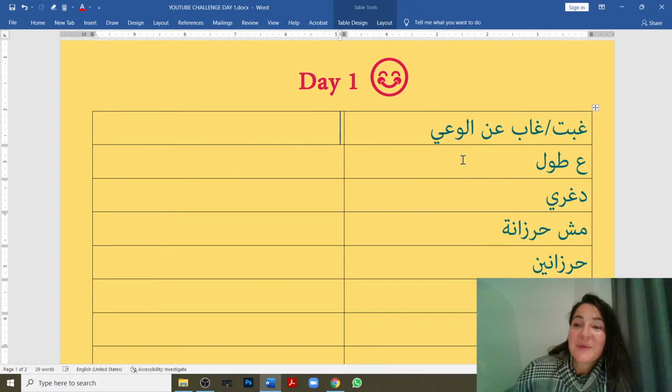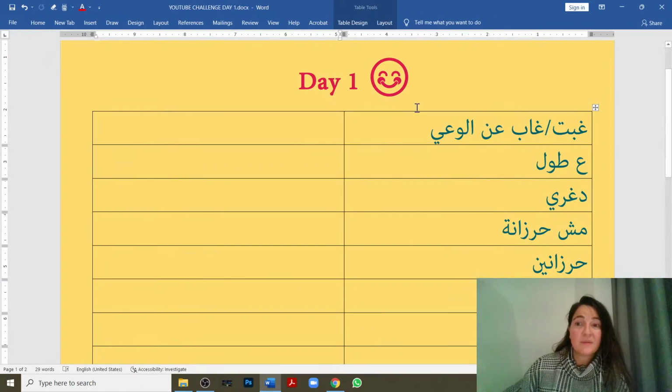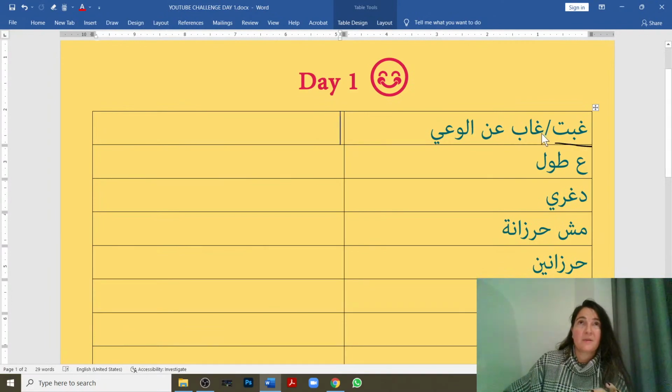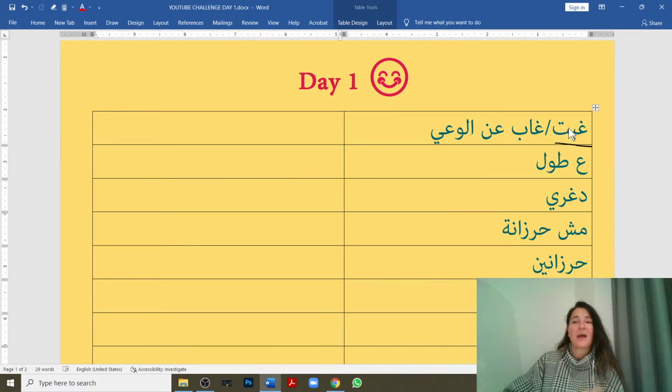يلا. The first one is غبت or غاب عن الوعي. The verb غاب or غبت. غبت literally means to be absent. For example, غاب, he was absent. غبت, I was absent. If I break it down, غبت means, as I said, I absented, or I disappeared. عن, of or from. الوعي, وعي means wakefulness, or the state where you are conscious.